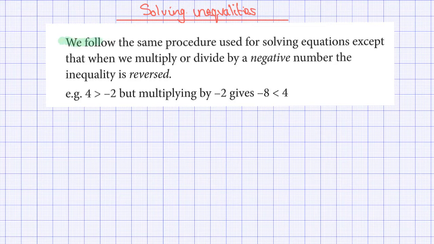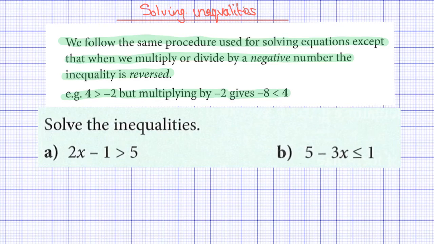We follow the same procedure used for solving equations, except that when we multiply or divide by a negative number, the inequality is reversed. For example, 4 is greater than -2, multiplied by -2 gives -8 is less than 4.